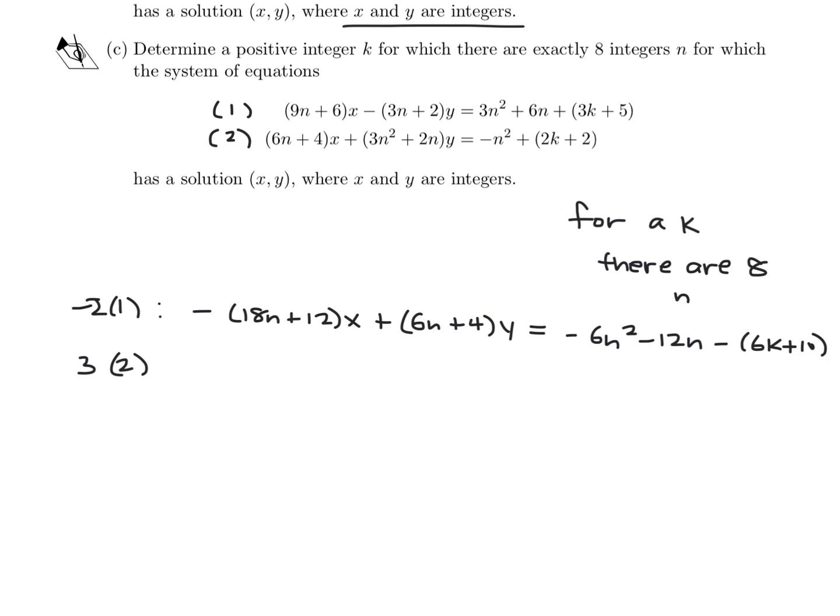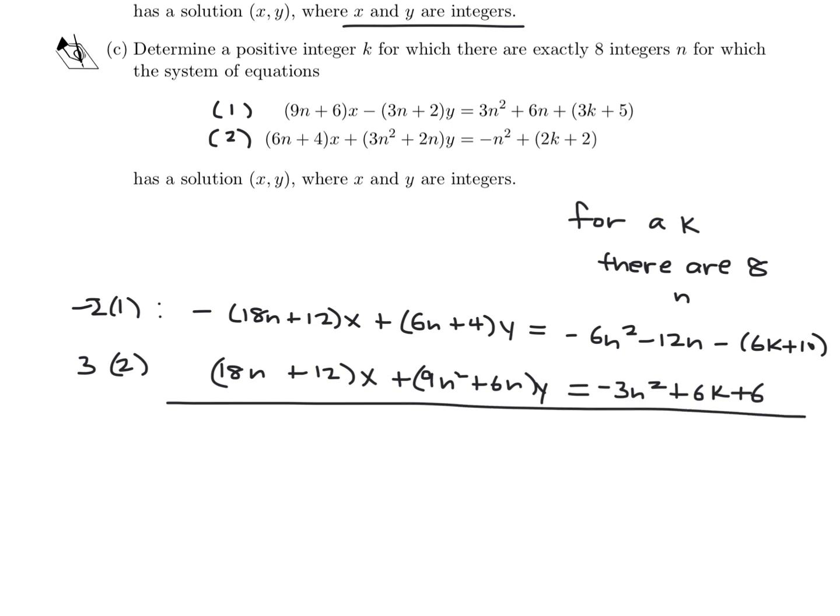Correct? All right, and then the next one, if I multiply by 3, that should be pretty straightforward. 18n plus 12x. So yeah, it did match up really well. 9n squared plus 6ny minus 3n squared plus 6k plus 6. Okay, good.